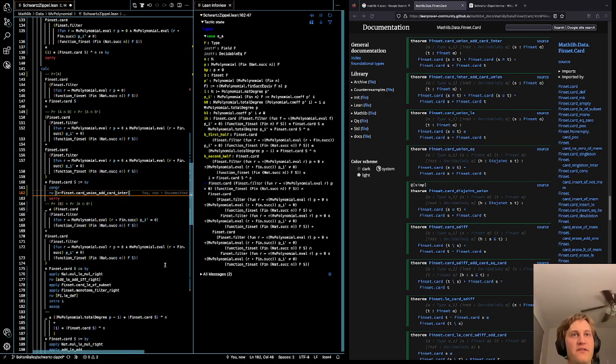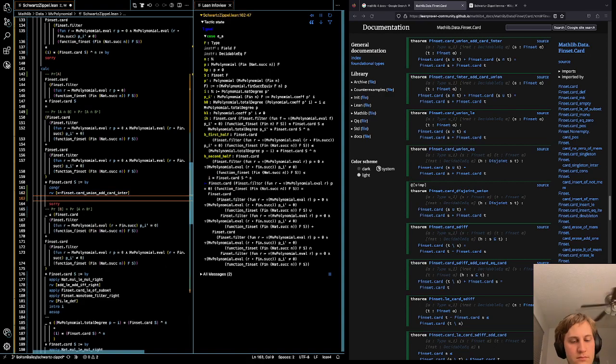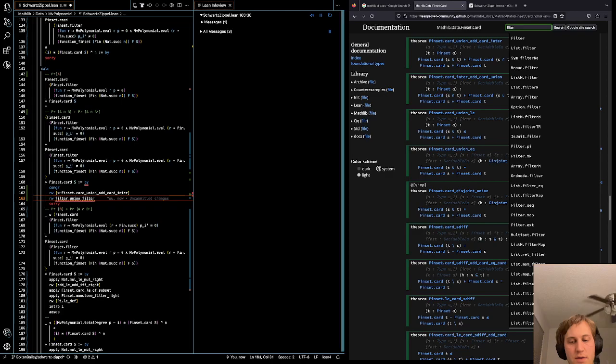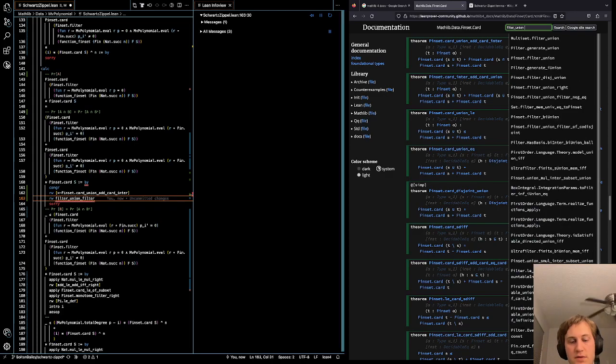Can I do rewrite filter_union_filter? Seems possible. That exists. Filter_union_filter.